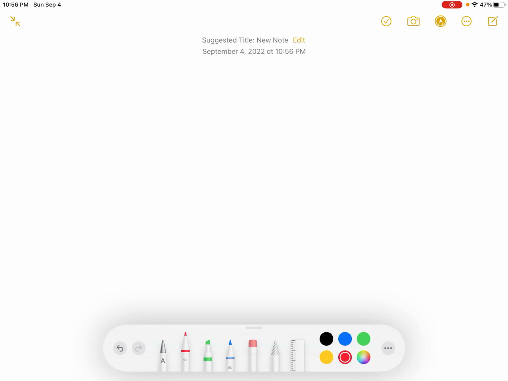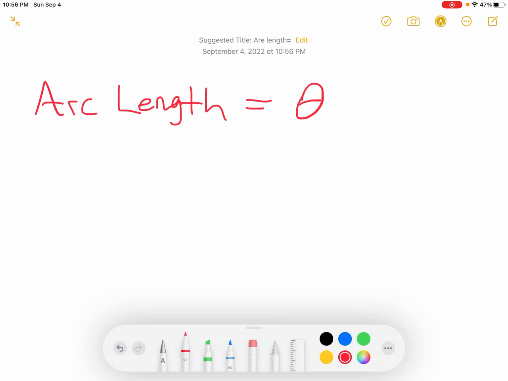Alright, now we're going to talk about circles. An arc length, this isn't very common, haven't really seen this that much. An arc length is the, let's see, how should I put this?